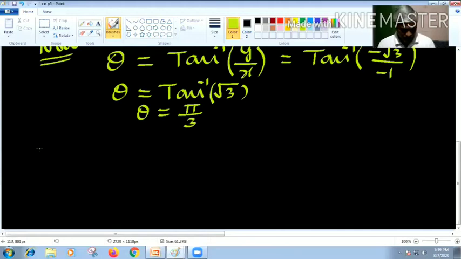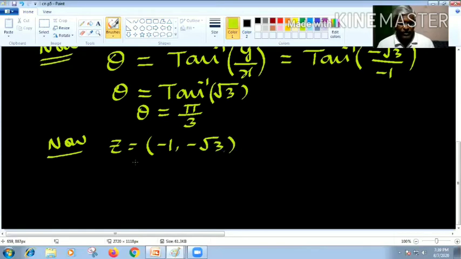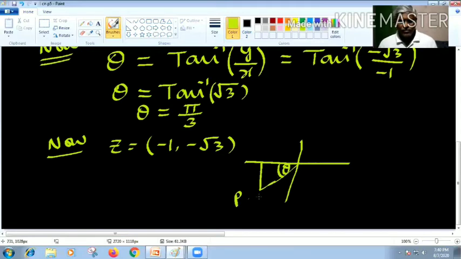If you consider the given complex number as an ordered pair, minus 1 minus root 3, here x and y both are negative. So the point belongs to the third quadrant.